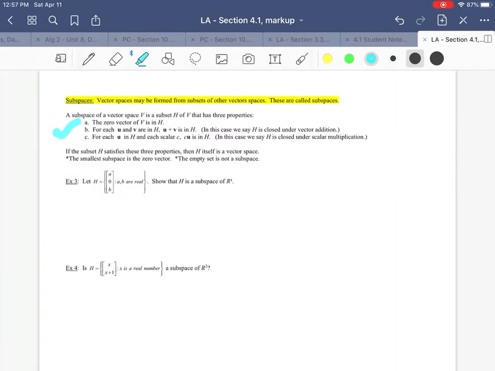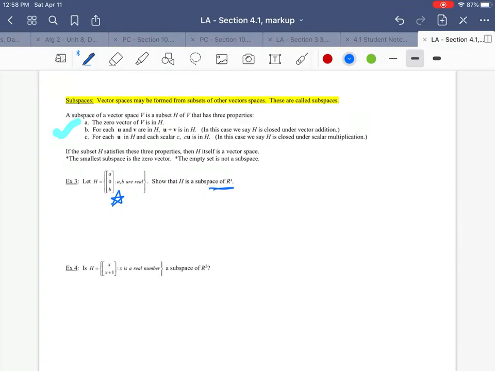All right, in examples 3 and 4, we're going to try to prove that this is a subspace of R3. It's important what you're trying to prove it is a subspace of. So in this example 3, we're trying to show that if I have a vector in this format right here, it is a subspace of 3 dimensions. It doesn't lose a dimension.